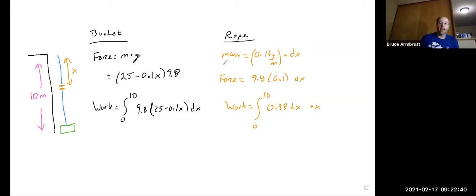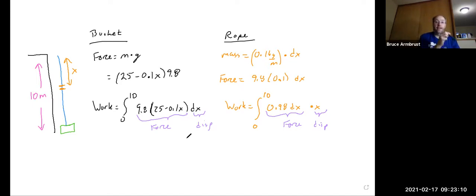I know you're used to having the dx on the back. I'm trying to keep it together just so that we can see that this is force times displacement, just like here, where we had force times displacement. This is the other reason I wanted to break it into two pieces: how we build the work depends.